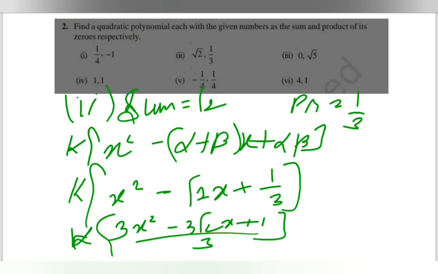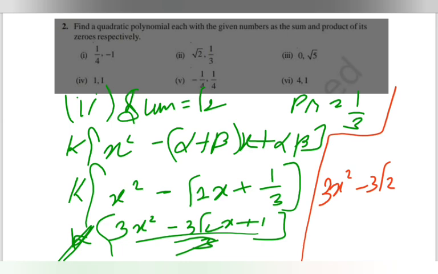K is constant, so we can cut k and 3. So if we assume k as 3, k and 3 will be cancelled. So the required polynomial will be 3x square minus 3 root 2 x plus 1. So this is the required polynomial.